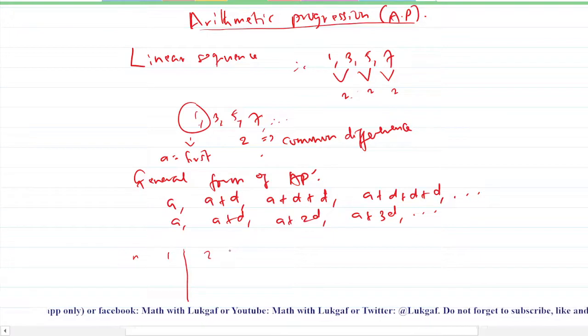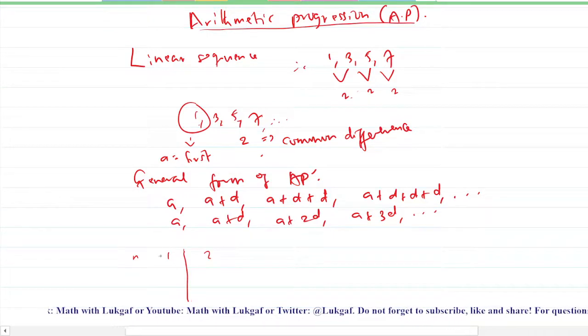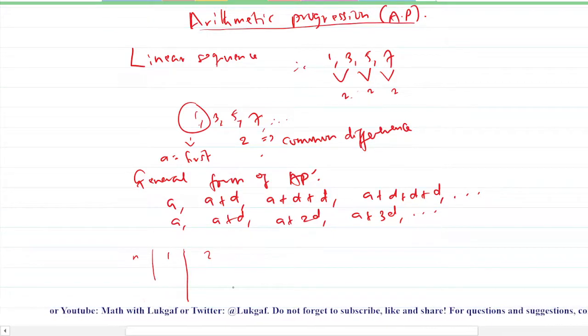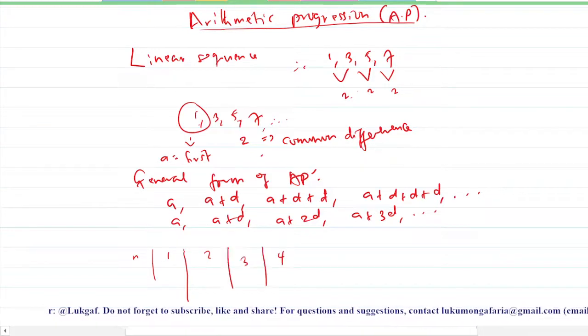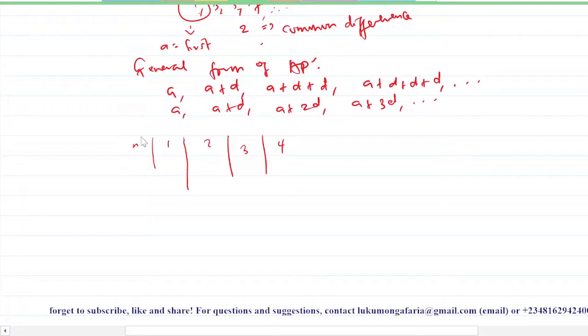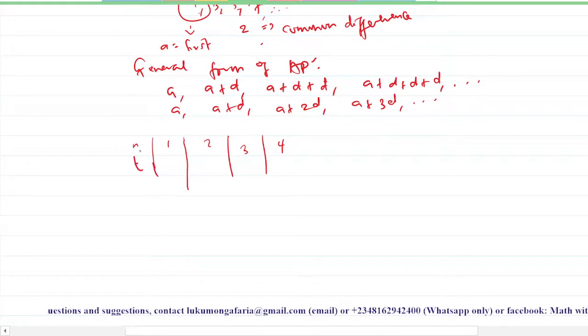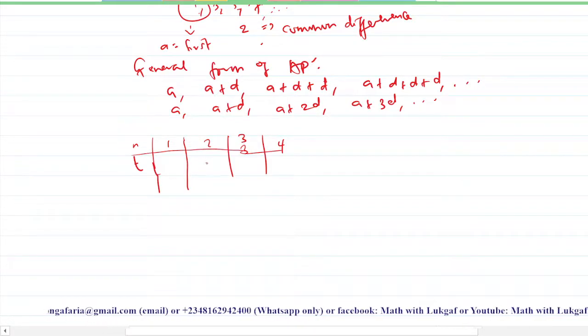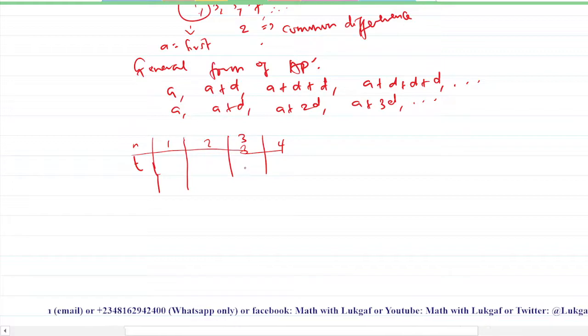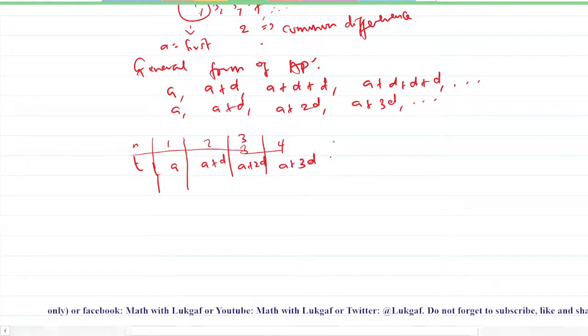So we have 1, 2, 3, and 4. The corresponding terms are A, A plus D, A plus 2D, A plus 3D.